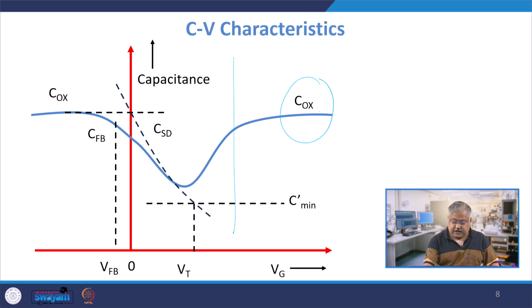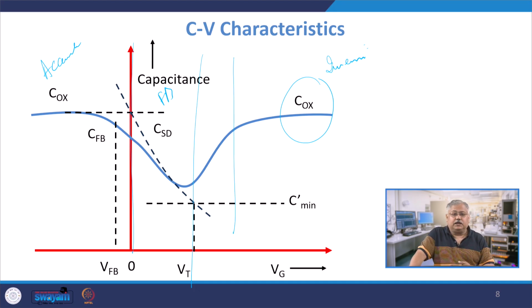This region is basically my inversion region, this is my flat band, and this is my accumulation. Don't look at all those points and dotted lines, we will discuss this later on. What we are showing is how the various components of capacitance vary if you vary the gate voltage from a negative value to 0 to a positive value through the threshold voltage, right.